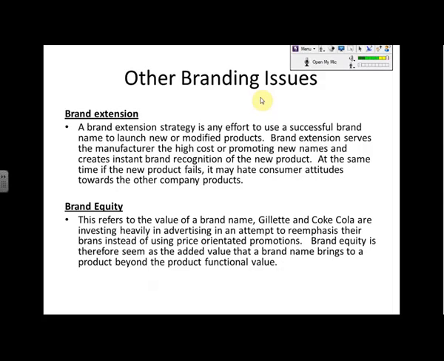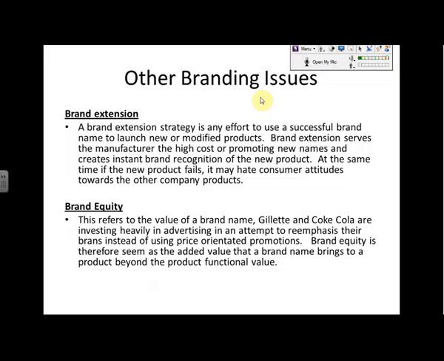Brand extension saves the manufacturer the high cost of promoting new names and creates instant brand recognition of the new product. At the same time, if the new product fails, it may hurt consumer attitude towards the other company products.